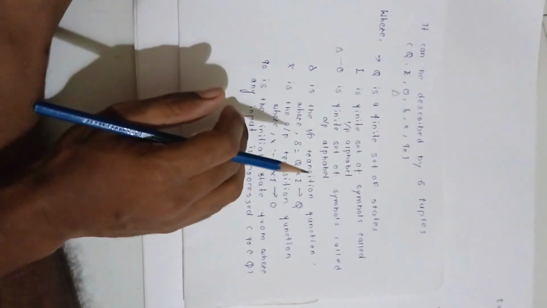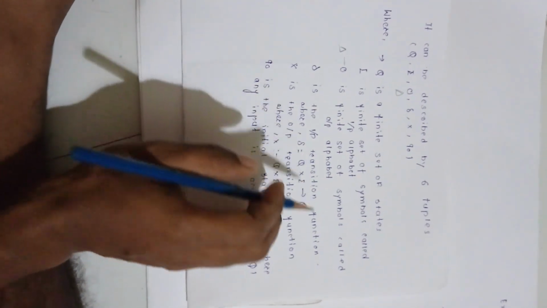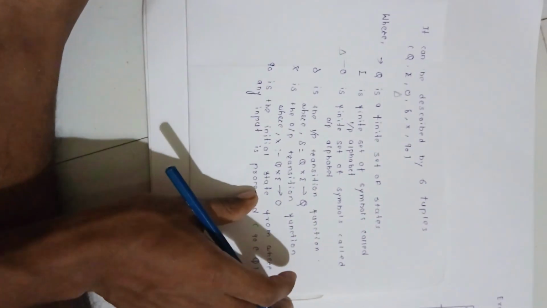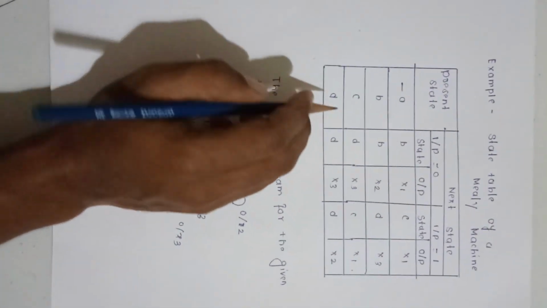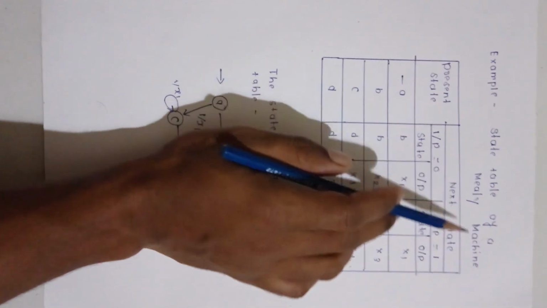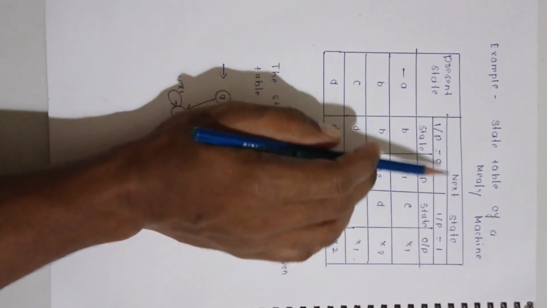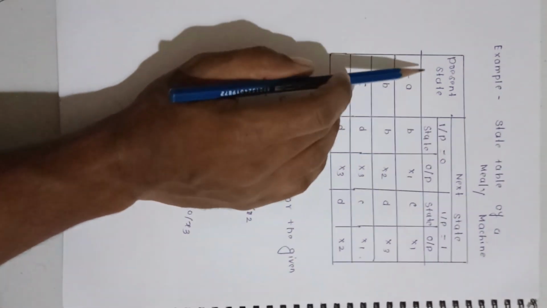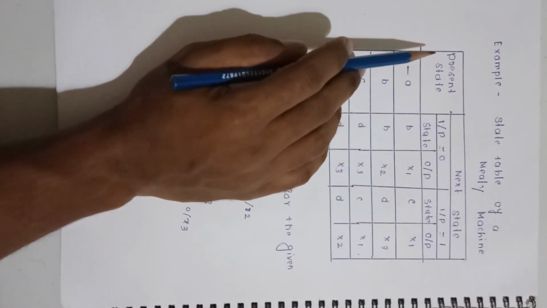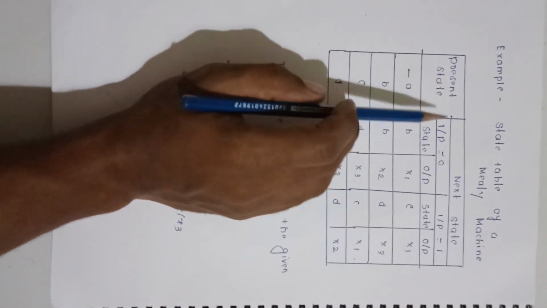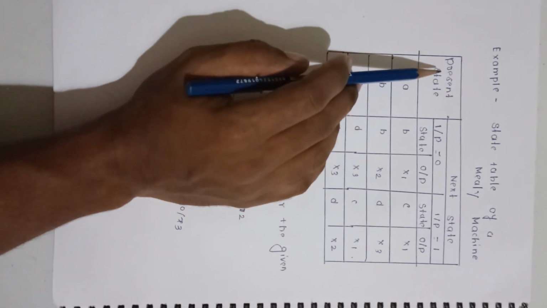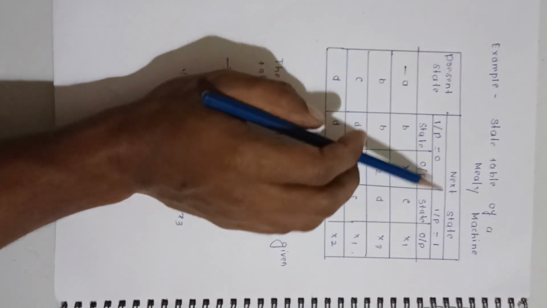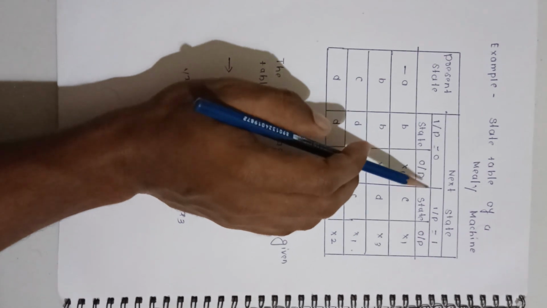Now let's discuss one example of a Mealy machine. This is the transition table, or state table, of a Mealy machine. In a Mealy machine the output depends on the present state as well as the present input.